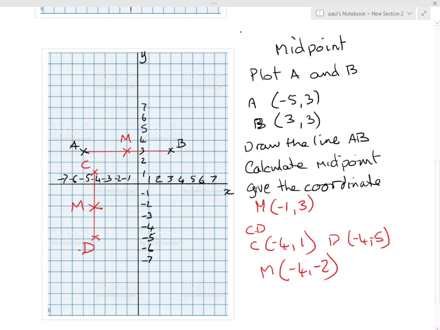Okay, see what else we've got. Right, so let's have a diagonal one. I could actually, no, I won't.